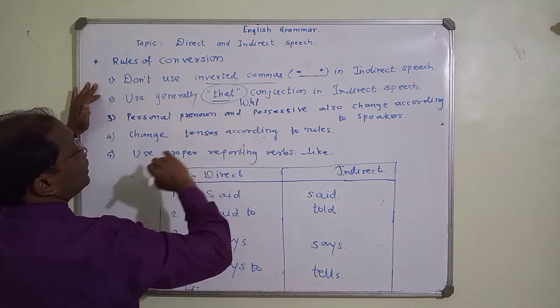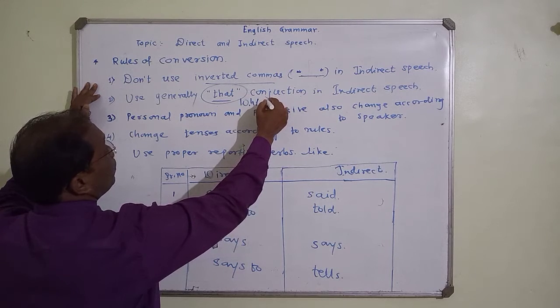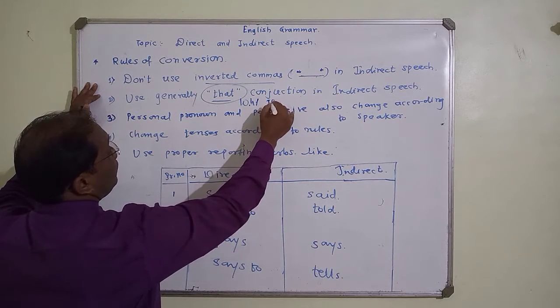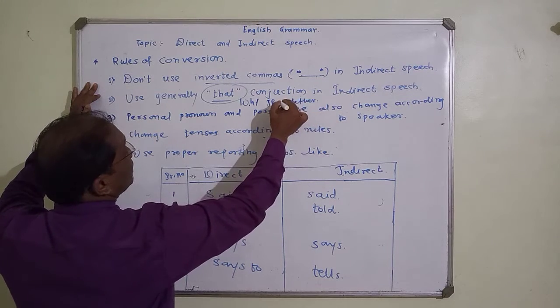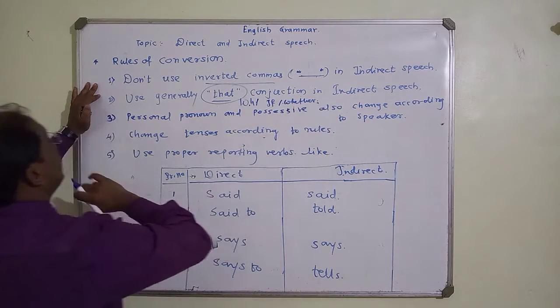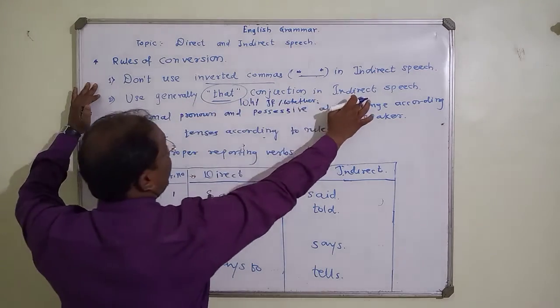Then if the question is a yes-no type question, we use 'if' and 'whether' as a conjunction. This is the second rule: generally use the conjunction 'that' in indirect speech.